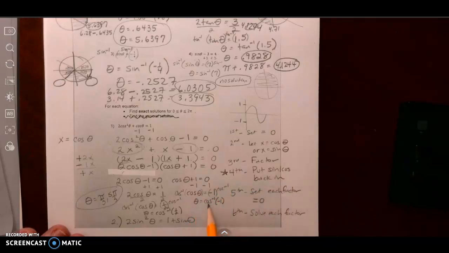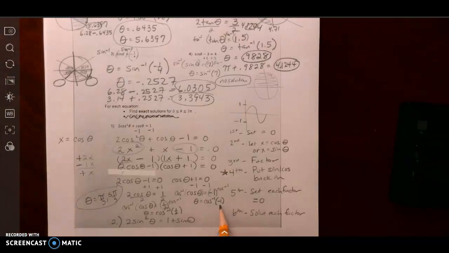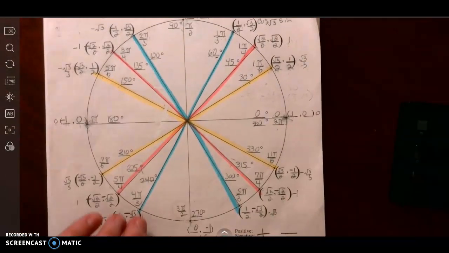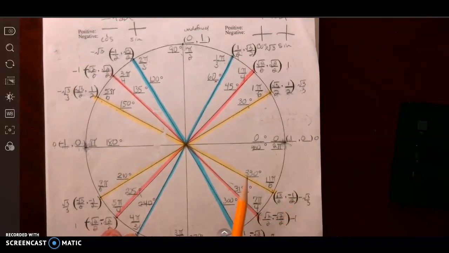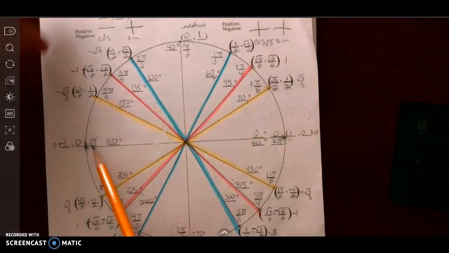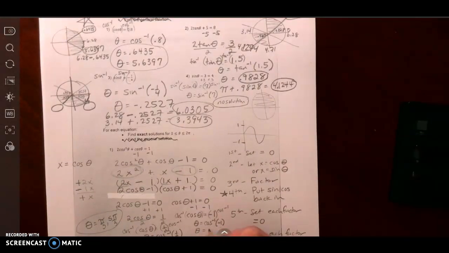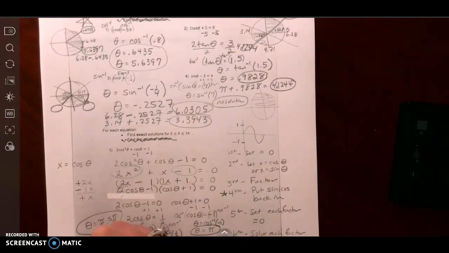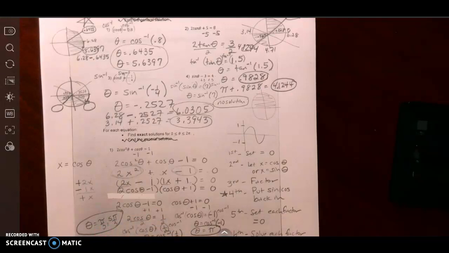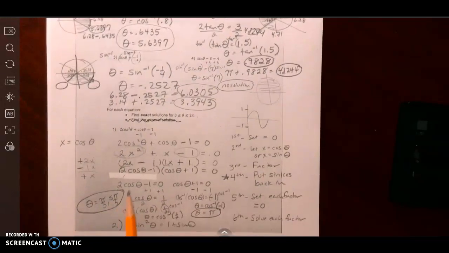So I'm looking for an x-coordinate of -1. So I go to my unit circle. X-coordinate -1 happens right here at pi. So theta equals pi. So I have 3 total solutions for this: pi over 3, 5 pi over 3, and pi.